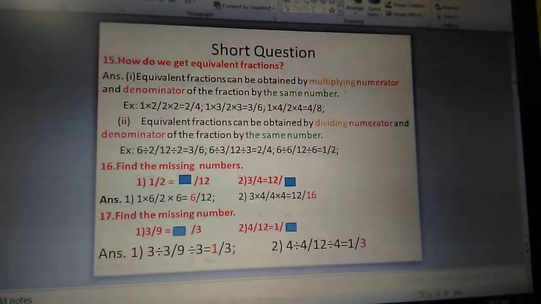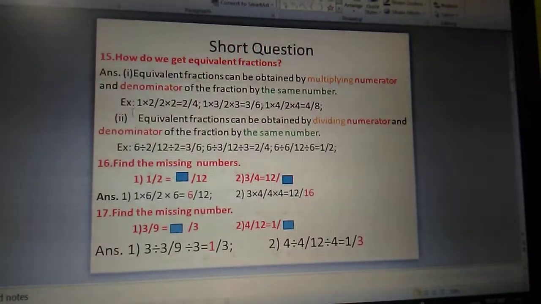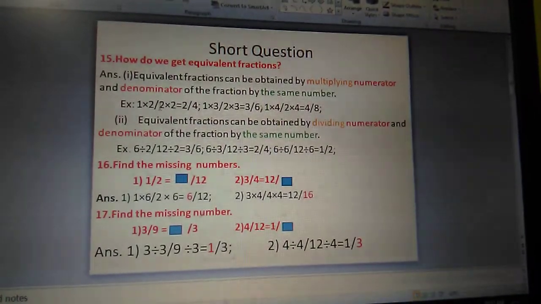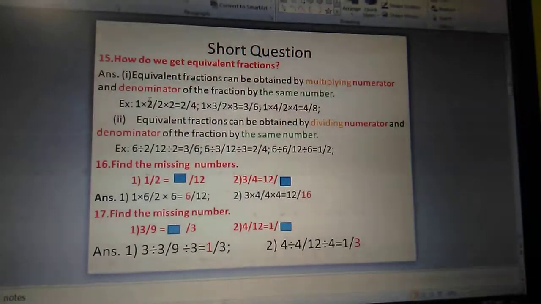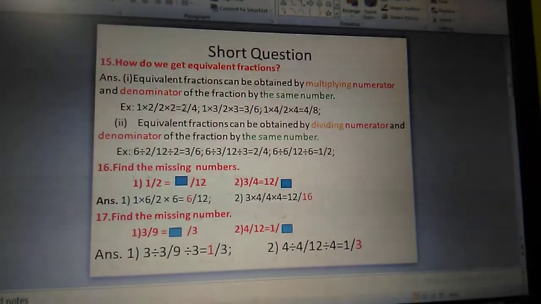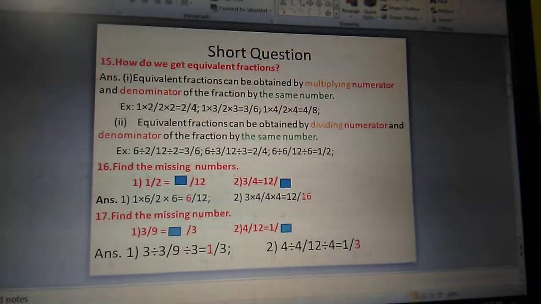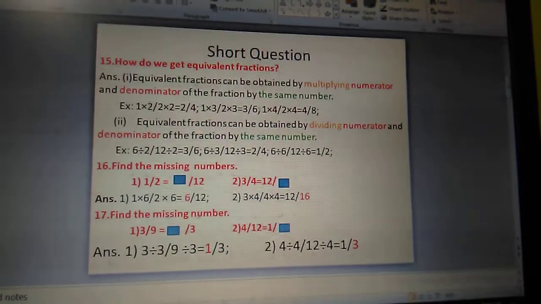Equivalent fractions can be obtained by multiplying numerator and denominator. So here 1/2, this is the fraction, so we multiply that one by 2 and here also by 2, then we got 2/4. This is equivalent to 1/2.